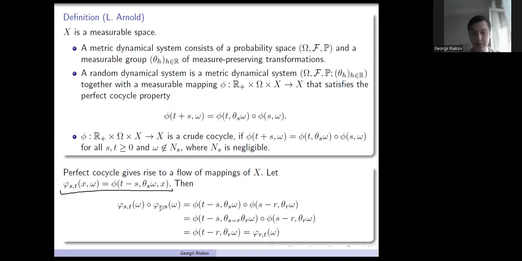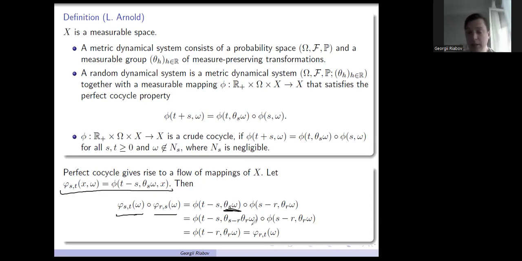Indeed, if we consider the composition of two mappings phi_{st} and phi_{rs}, then we use their definitions, and we can write theta_s omega as the shift by s minus r of theta_r omega.